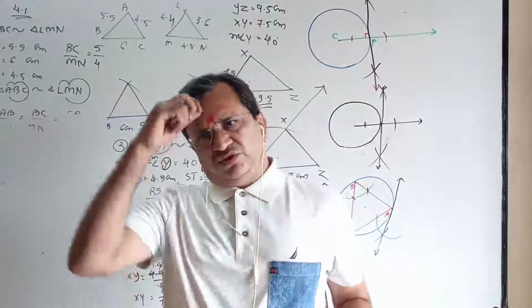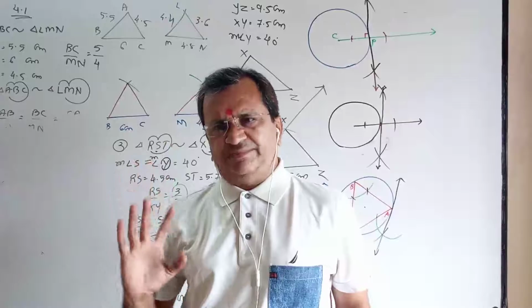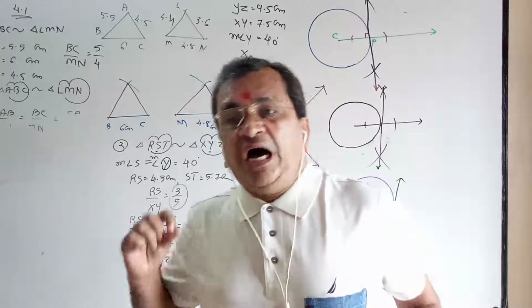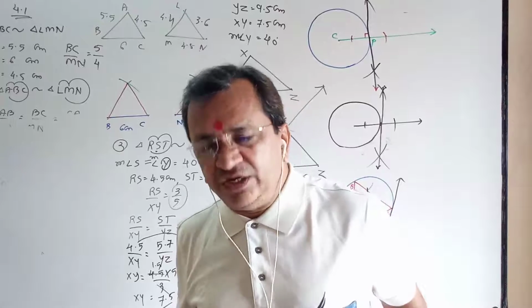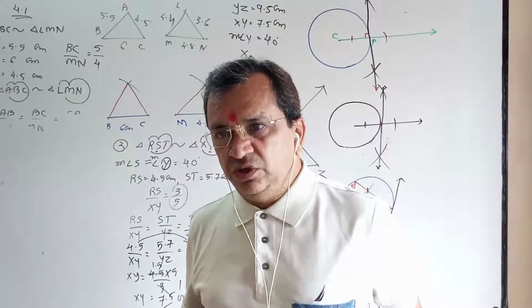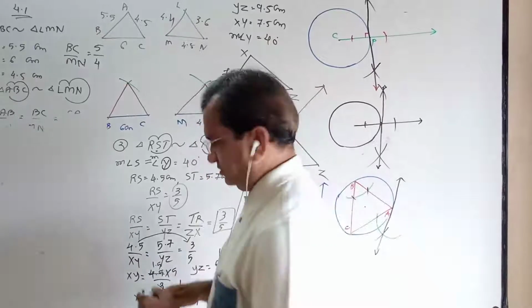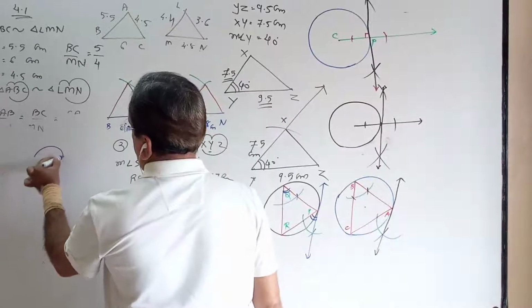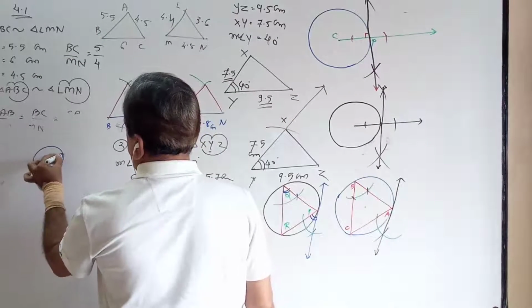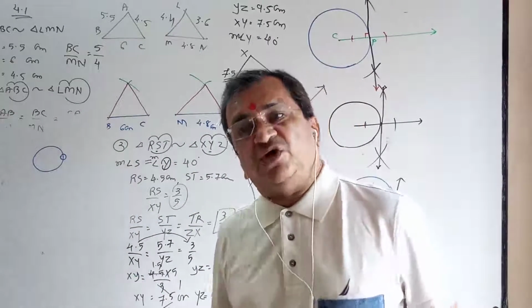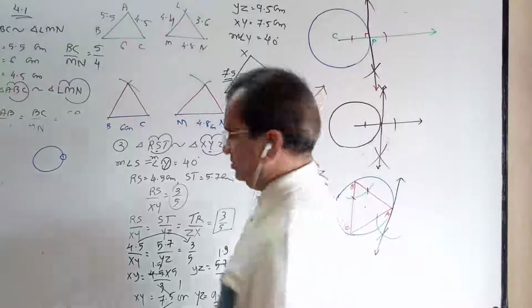Now to MCQ, very important MCQ from this chapter. They will ask how many tangents we can draw to the circle from a point on a circle. This is a circle. This one point is given. From a point on a circle, how many tangents can we draw?